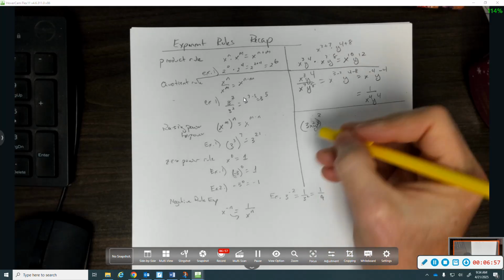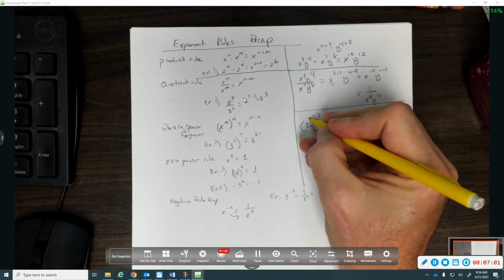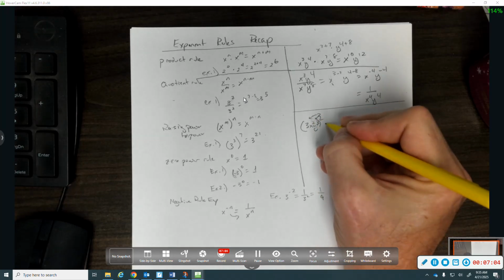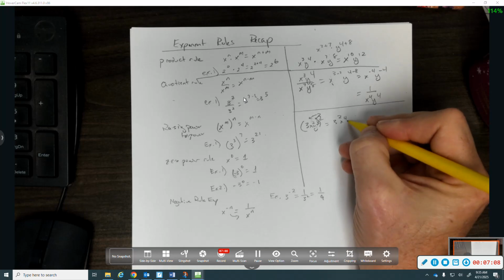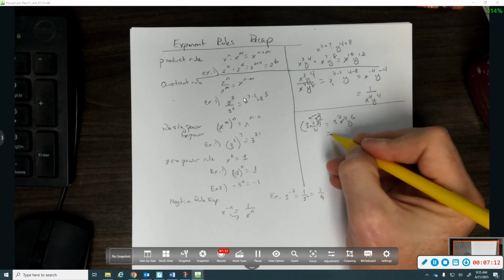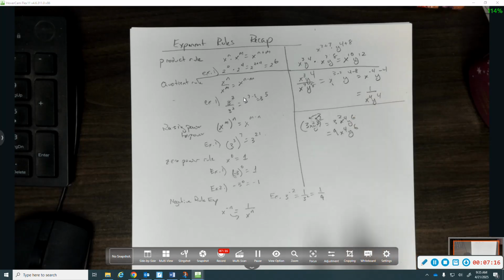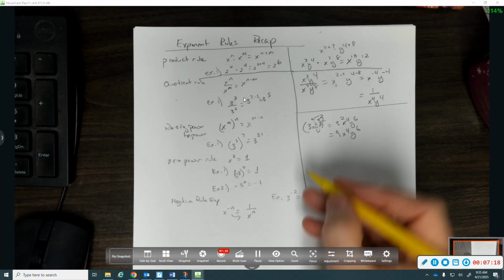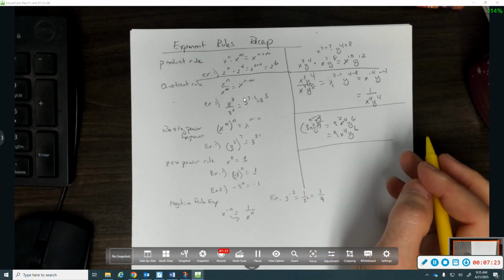This is where a lot of people forget that this 2 gets distributed to all the exponents. So I'd have 3 squared x to the 4th, and we distribute it through multiplication, not addition. And I simplify it one step further because I want to simplify that 3 squared. And that is another example of raising a power to a power.